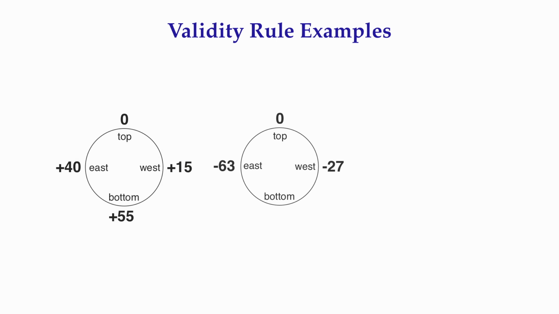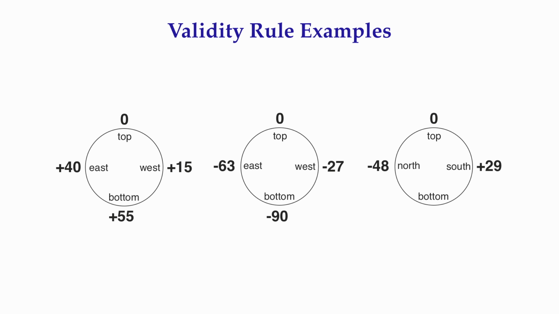Okay, here's another one. We have a minus 63 on the east and a minus 27 on the west. What should we get on the bottom? Right, a minus 90. Minus 63 plus a minus 27 equals a minus 90.